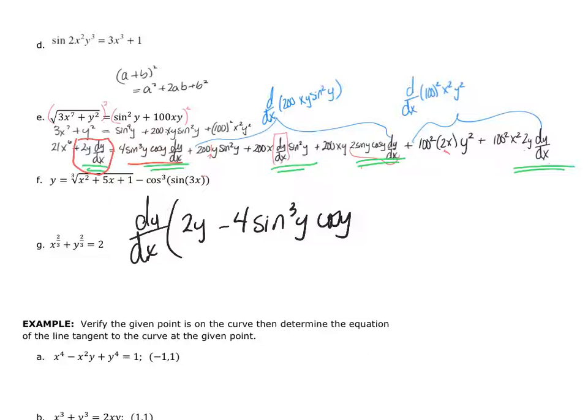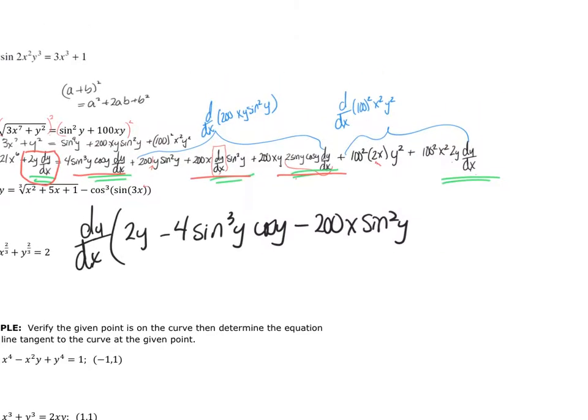Then it's going to be minus, I'm going to do this next one, so minus 200 x sine squared y. And then it's going to be minus this one, which is minus 200 xy. Oh, and there's a 2 there, isn't there?